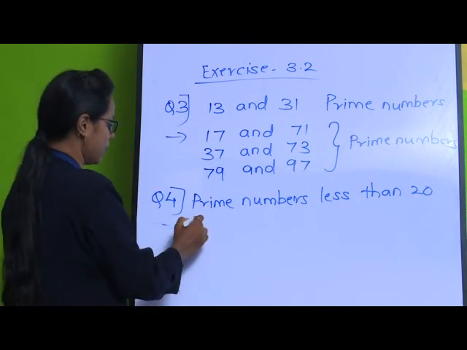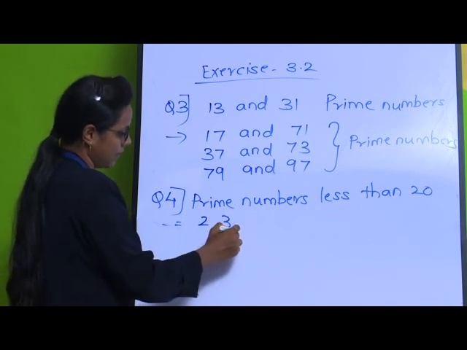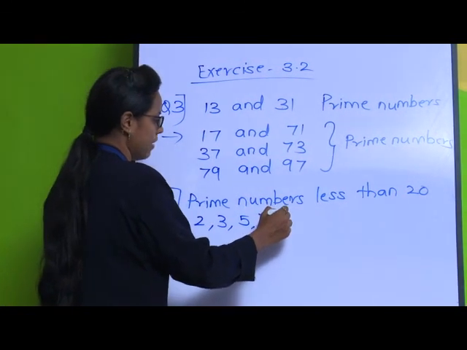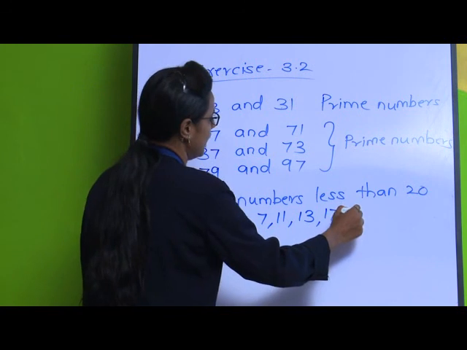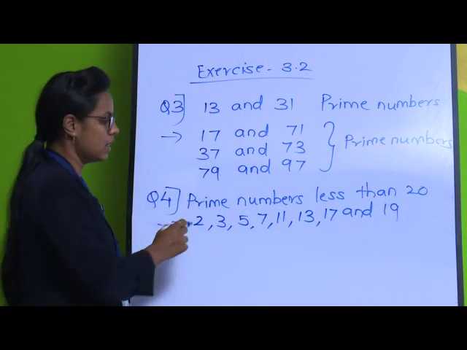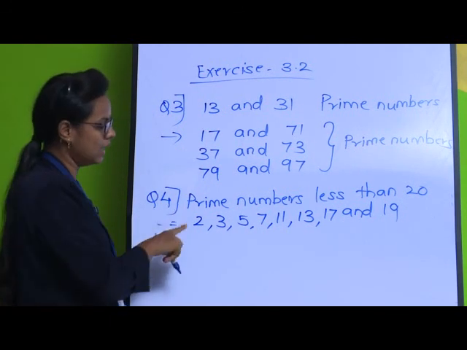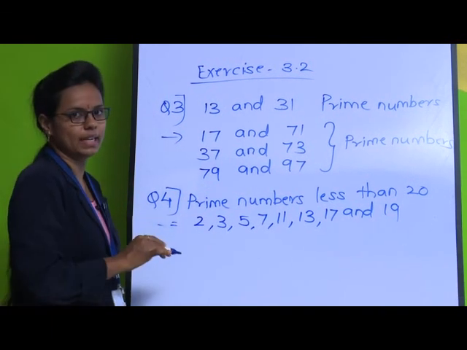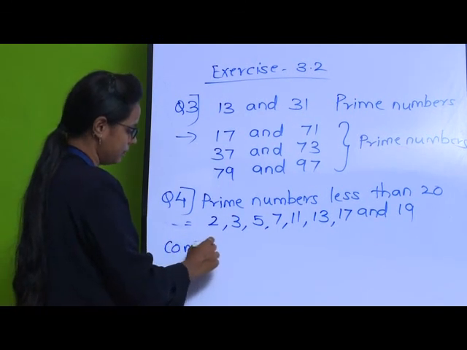The prime numbers are 2, 3, 5, 7, 11, 13, 17 and 19. These numbers have only two factors, 1 and the number itself, and they are less than 20.